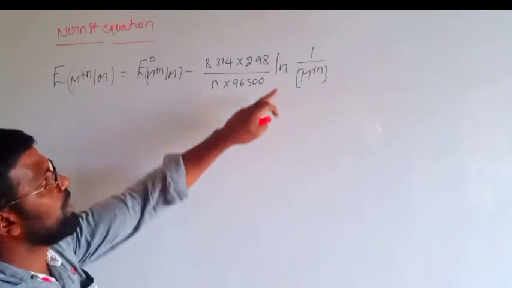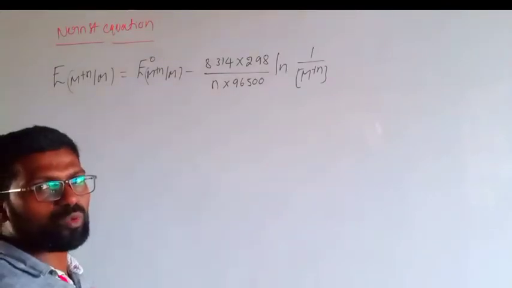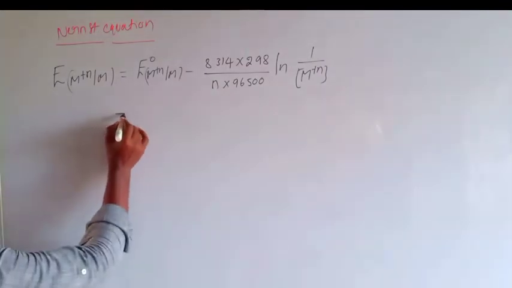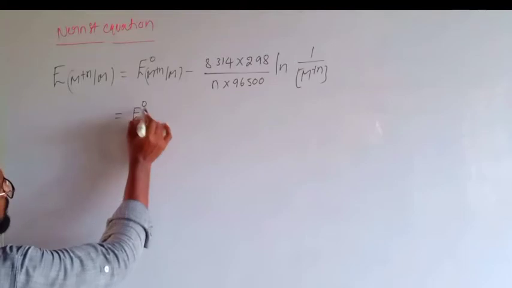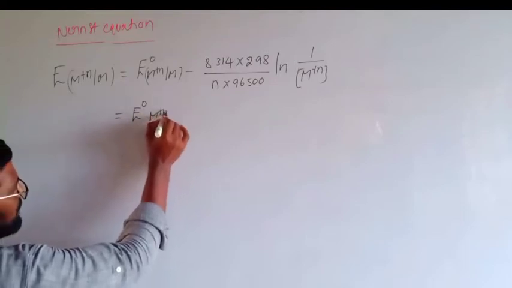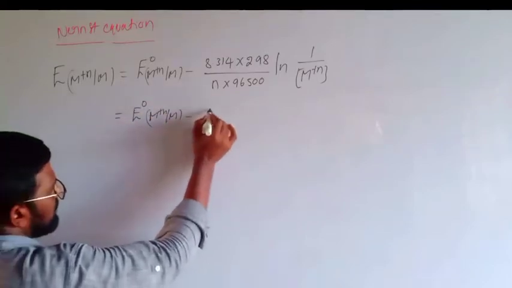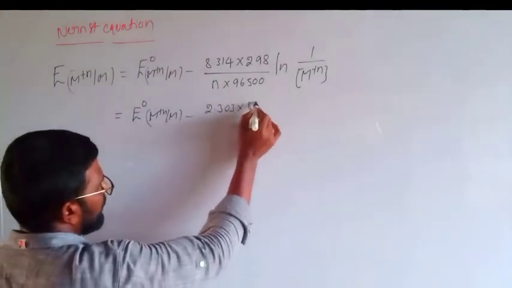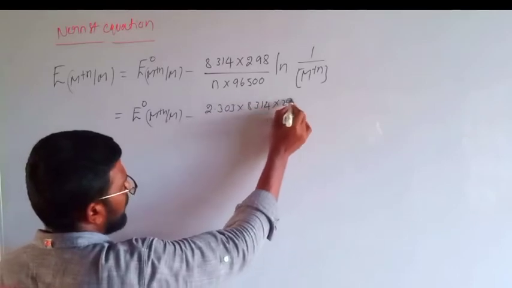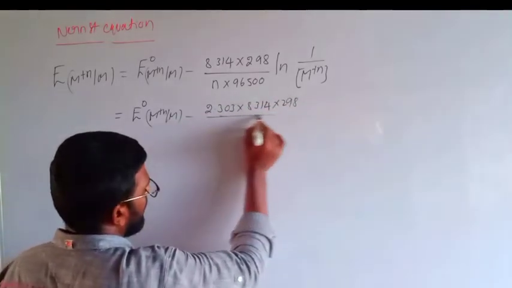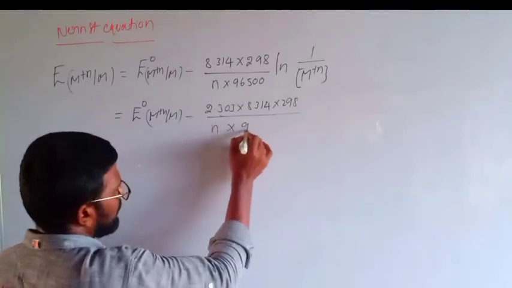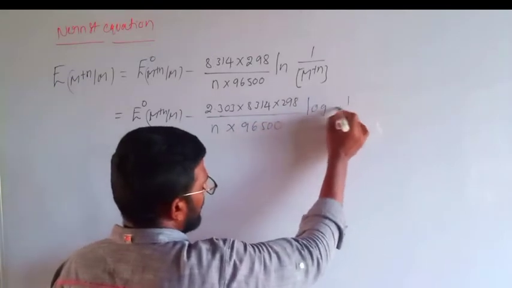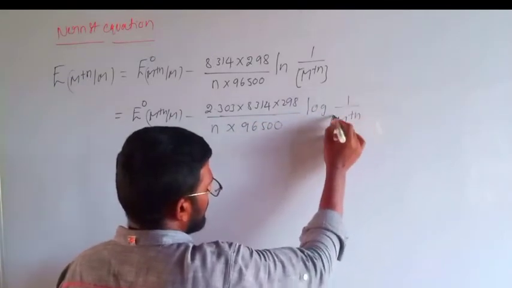Just as I told you, natural logarithm can be converted into logarithm to the base 10 by multiplying with 2.303. So that can be written as E naught M plus n by M minus 2.303 into 8.314 into 298 by n into 96,500 log 1 by M plus n concentration.